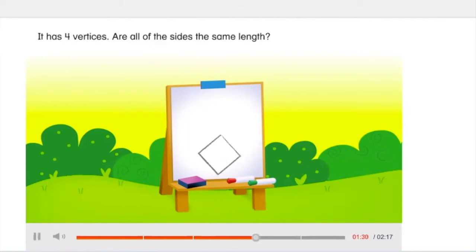Are all of the sides the same length? Yes, they are all the same length. What does that mean? Is it a rectangle?